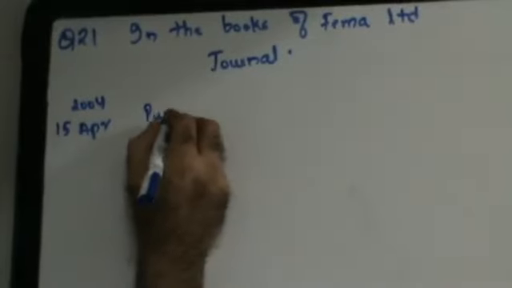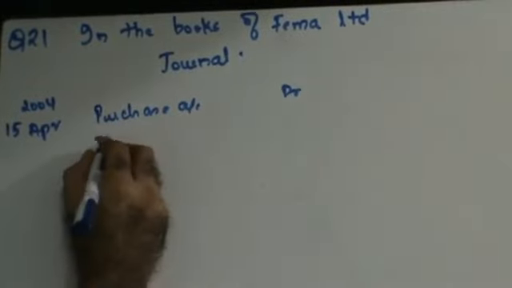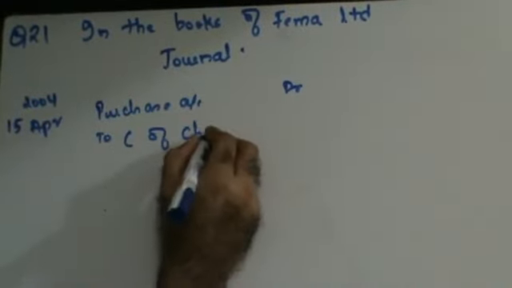So the first transaction should be on 15th April 2004. They are saying that goods of $5,000 were purchased from Sea of China. Purchase. Debit what comes in. Goods are coming in. Purchase account debit to Sea of China.